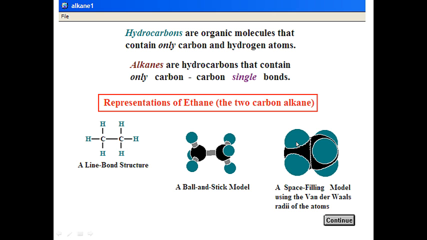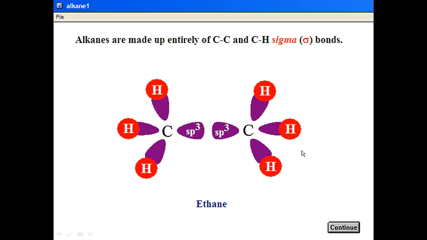So it would just be this gray blob that has this shape. And we know that alkanes are made up of sigma bonds, and we form the sigma bonds by overlapping two sp3 hybrid orbitals to make an sp3-sp3 sigma bond. All of the carbon-hydrogen bonds come from sp3 to s sigma bonds.